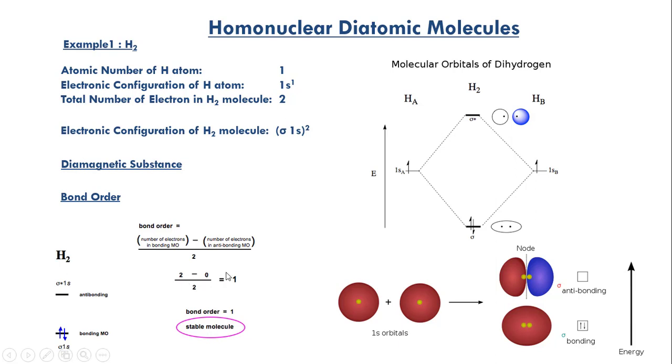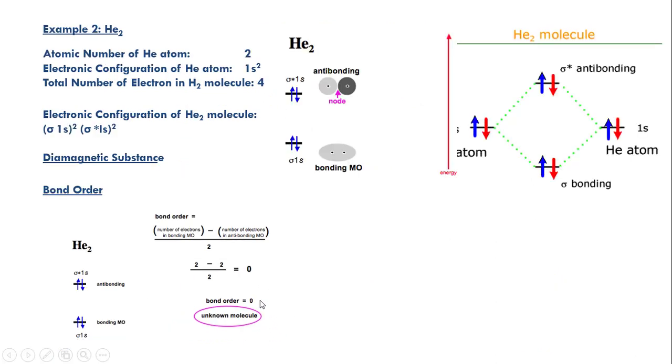So 2 minus 0 is 2, and 2 divided by 2 is 1. That means the bond order is 1. This is a very stable molecule, forming hydrogen single bond hydrogen. Bond order is nothing but the number of bonds it is forming.